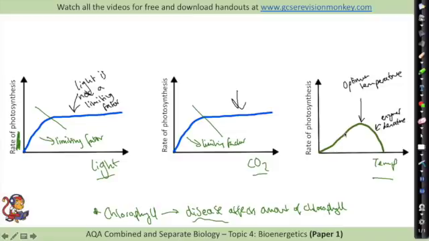So up until this point here, temperature is a limiting factor, and then after the optimum temperature the enzymes denature and no longer work. So this would be important in the winter. Temperature is the obvious limiting factor in the winter, and at night time light is a limiting factor because without the light you don't have photosynthesis.